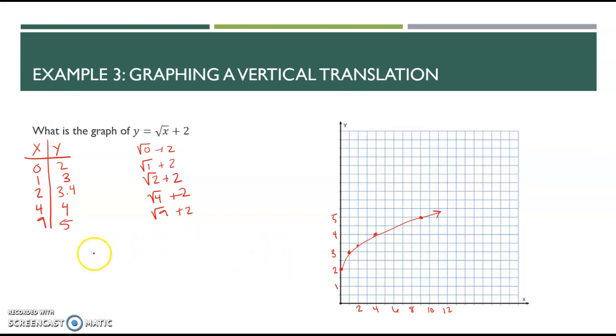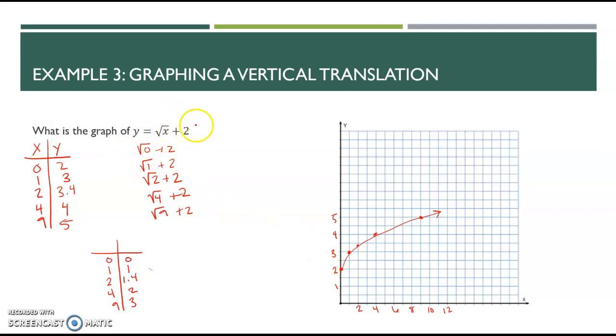Now, I want to show you, this was our parent function graph. Right here, we had the points 0, 0, 1, 1, 2, 1.4, 4 was at 2, and 9 was at 3. So if you notice, looking at our tables, each of these we added 2 to the parent graph to get our new position.